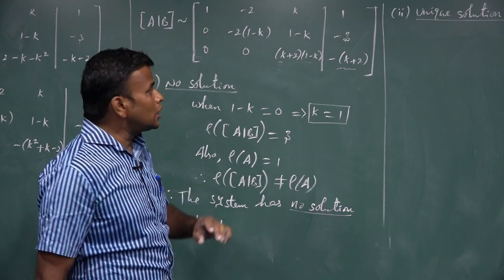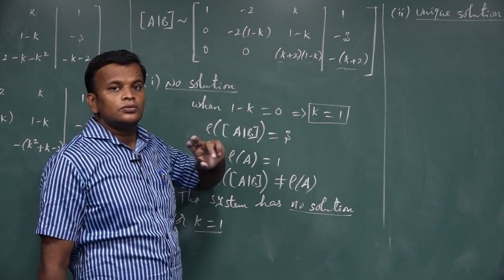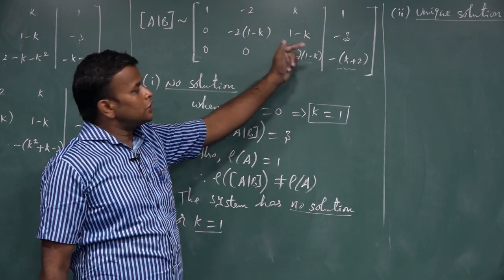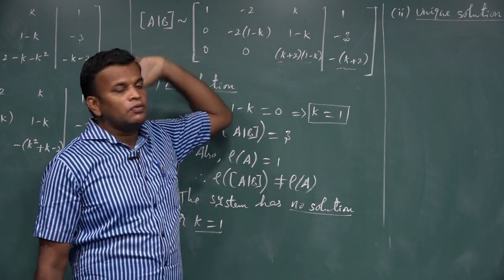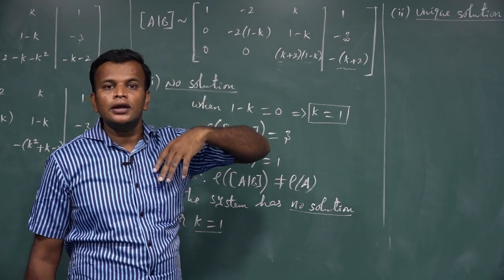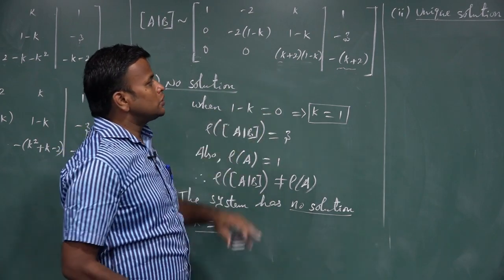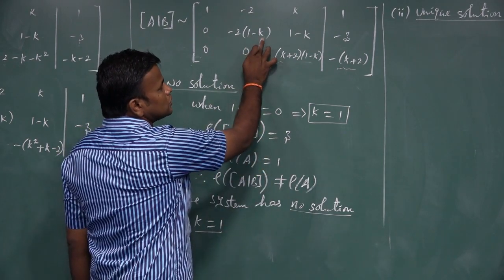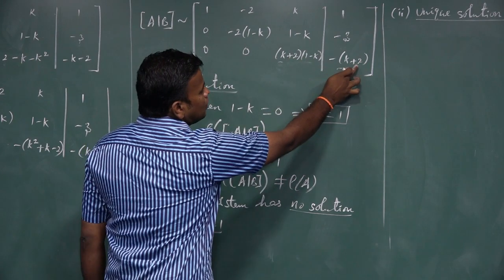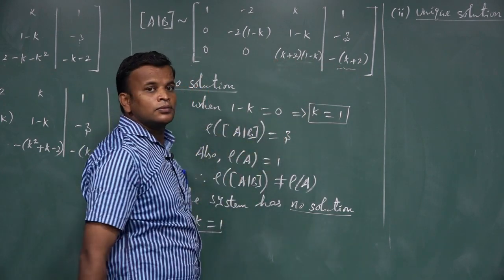And the value k equal to 1, that is 1 minus k is 0, that row vanishes. So except these 2 values, we can put so many values and get non-zero elements. So in unique solution, I see the factors 1 minus k, 1 minus k, k plus 2, k plus 2.